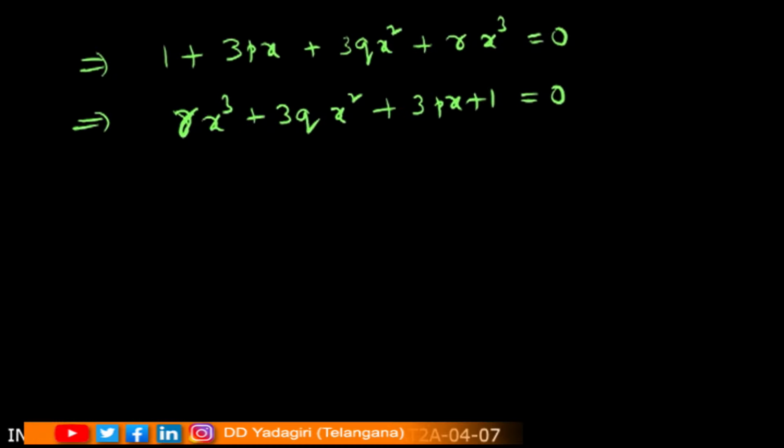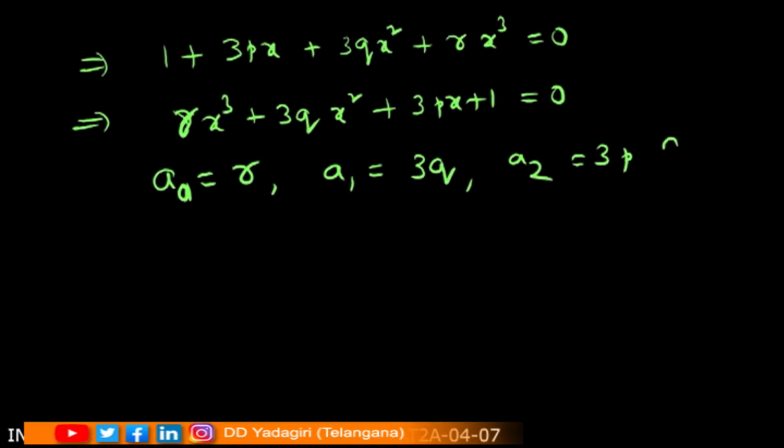Now, what are the roots of this equation? What are the coefficients of this equation? A0 is equal to r, A1 is equal to 3q, A2 is equal to 3p, A3 is equal to 1. Now, we shall write the relation between the roots and its coefficients.